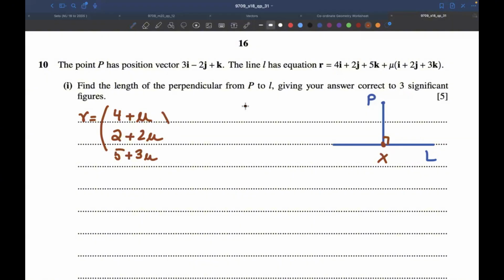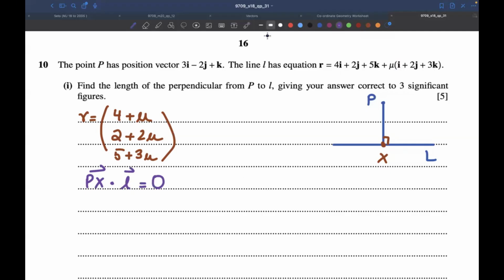Now, as this line and the line PX are perpendicular, the direction of PX dotted with the direction of line L will be equal to 0. We already have the direction of line L, that is 1, 2, and 3.